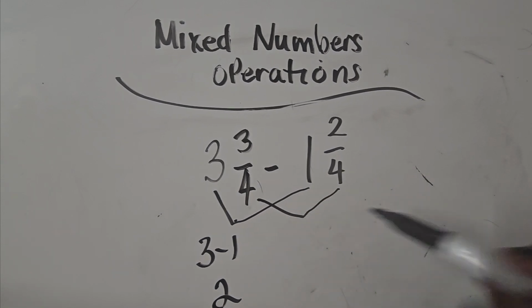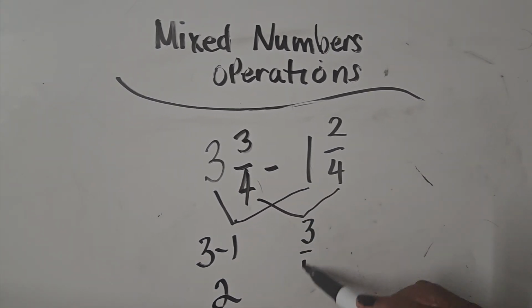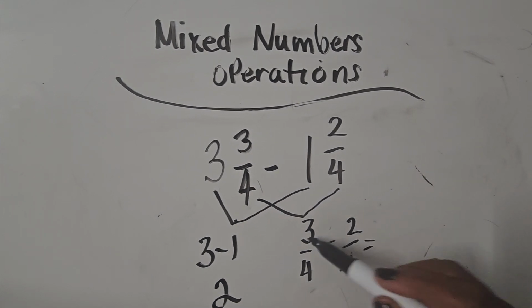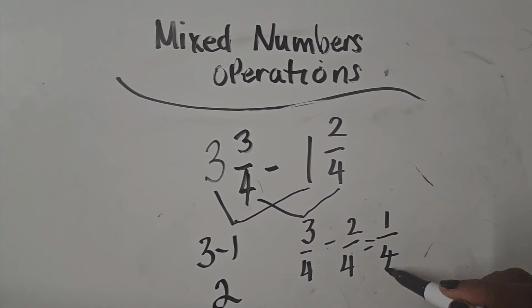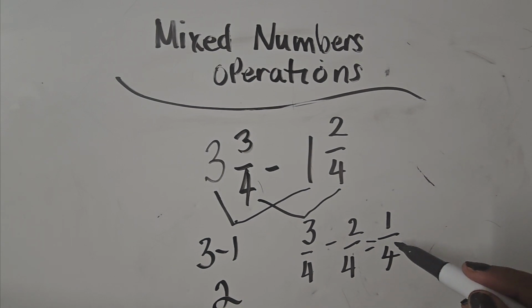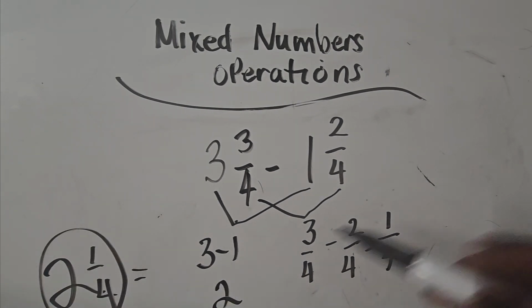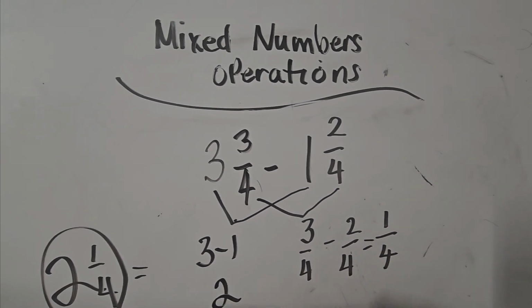Now these 2 get pulled to the side. 3 over 4, take away 2 over 4. I made it simple. Equals 1 over 4. Then you take the 1/4, you bring it to this, and your answer becomes 2, because that's what you have, and 1 over 4. In the end, you bring it back together.